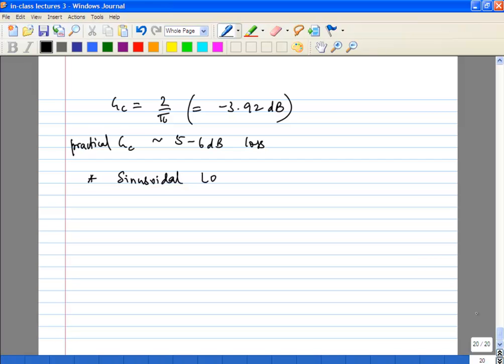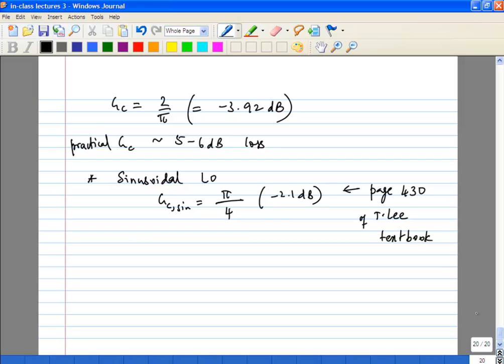It seems counterintuitive, but you can get higher gain, approximately pi by 4, which happens to be minus 2.1 dB. You can refer to Thomas Lee's textbook.